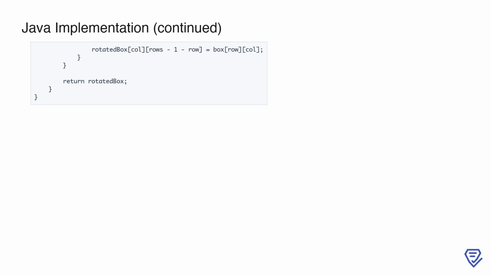We then assign the value from the original box to the appropriate position in the rotated box. Specifically, the value at box[row][col] is placed at rotatedBox[col][rows - 1 - row], which ensures the desired 90-degree rotation. Finally, we return the rotated box, which contains the transformed layout after applying gravity and the rotation.